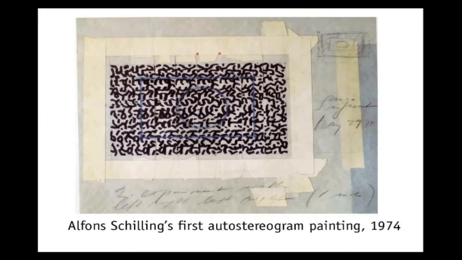And he was very much influenced, and he knew the inventor of the random dot stereogram, whose name was Bela Julesz, who was active at the Bell Labs, and so then he actually got in touch with him and also with the Bell Labs and started researching these ideas further.